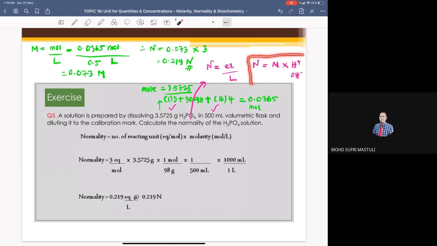This one is easier, but you have to calculate the molarity. For this one, you have to understand what is the number of equivalent of reacting unit, so we have to calculate it.